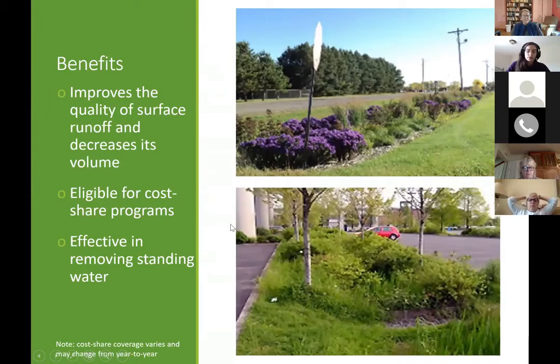So here's some pictures of some really gorgeous vegetated swales. Overall, we're trying to decrease the amount of the runoff, so doing some volume reduction, some capture and infiltration.